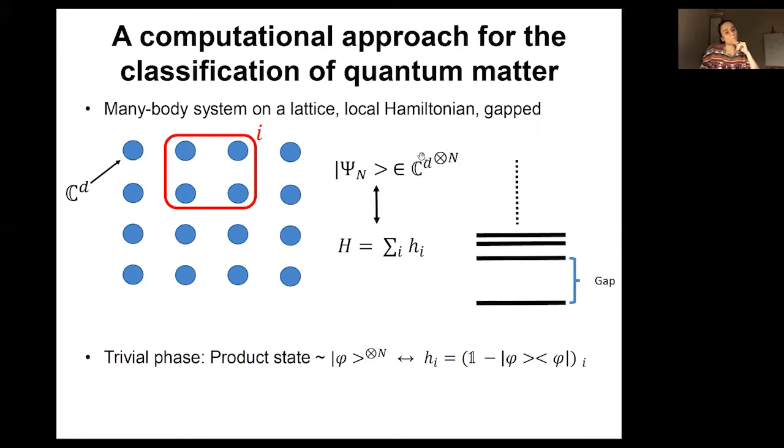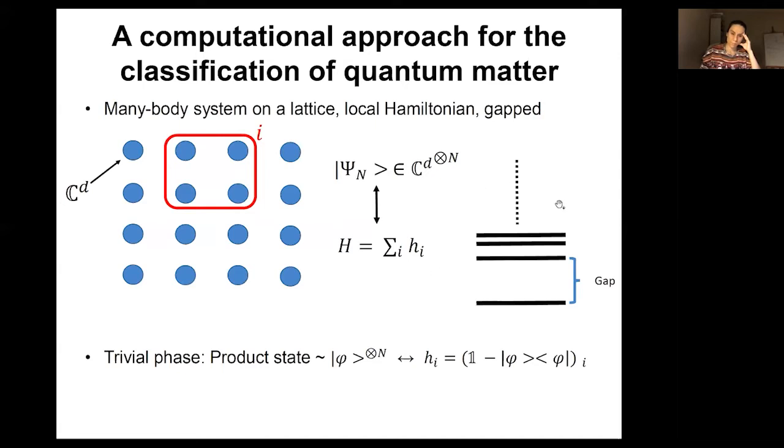So this is a huge Hilbert space. Then we define a Hamiltonian that acts in a local way, which means that it is a sum of Hamiltonian terms h_i, where i denotes a local region. This small h_i acts non-trivially only on the spins in region i, and it acts trivially as an identity in all other regions.